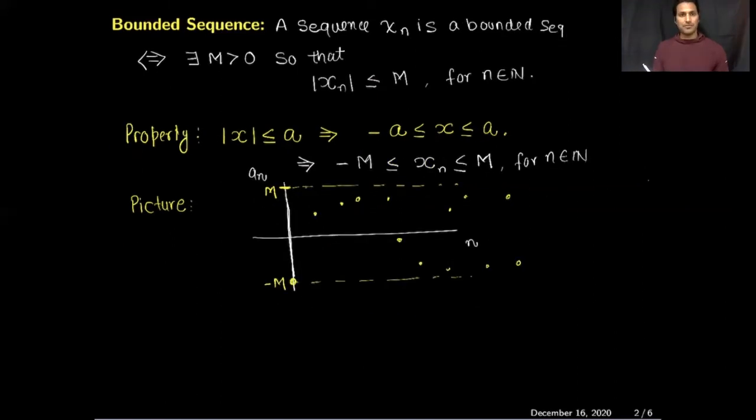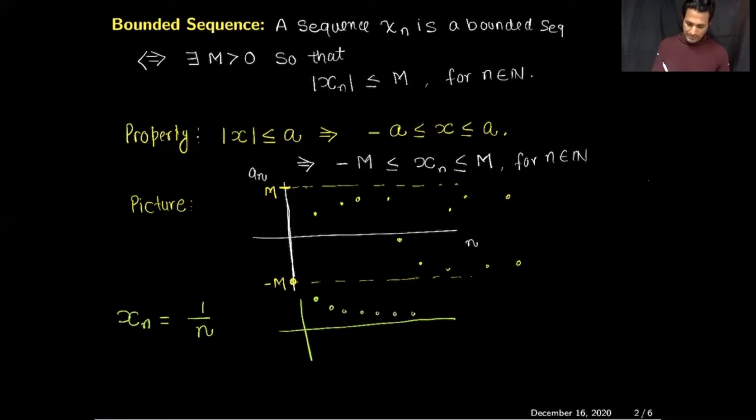Now let me give you a few examples of bounded sequences and also sequences which are not bounded. Our first example: let's suppose the sequence xn is 1 over n. If I plot the terms of the sequence, the first term will be 1, then 1 half, and it will keep going closer and closer to 0.